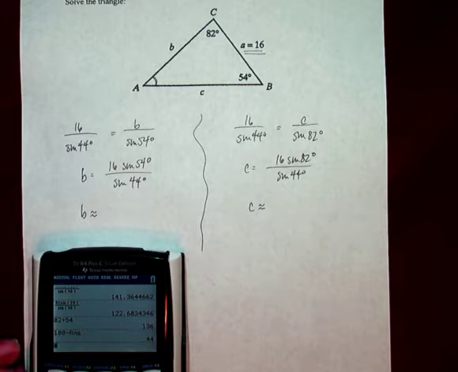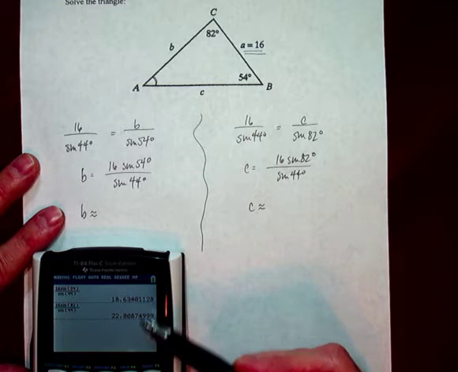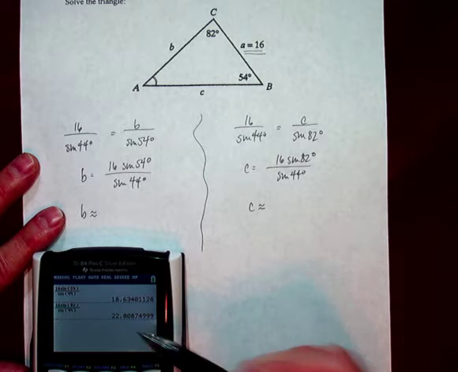Now, let's go ahead and do that. Okay, so we have 18.634 and 22.809.